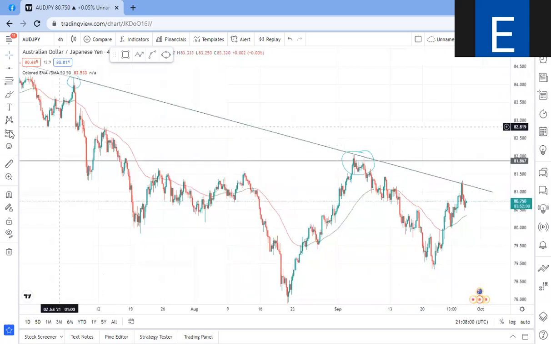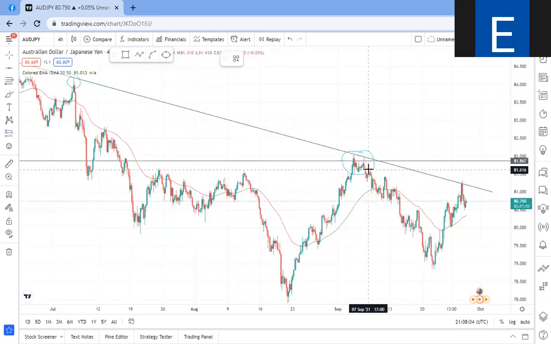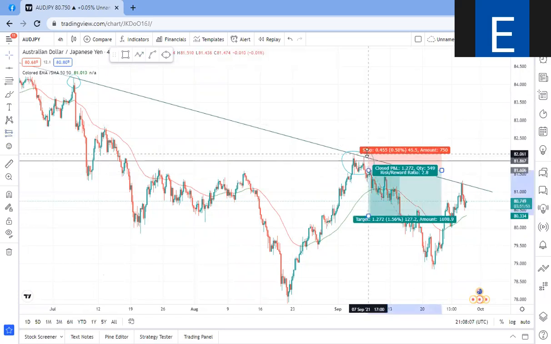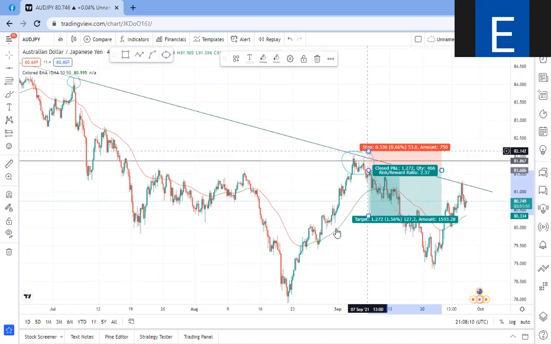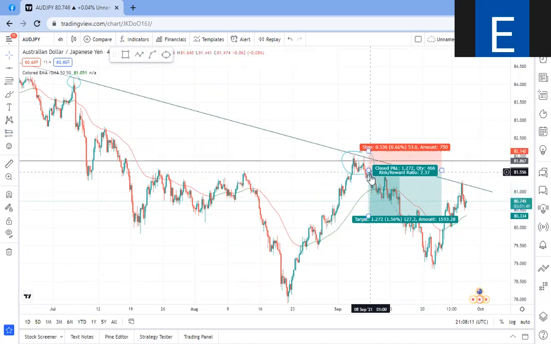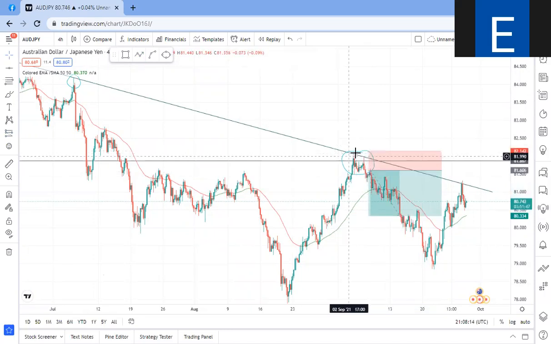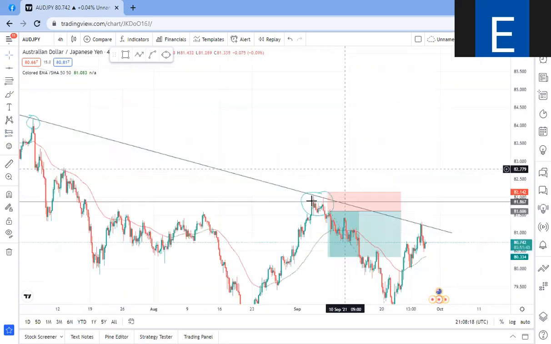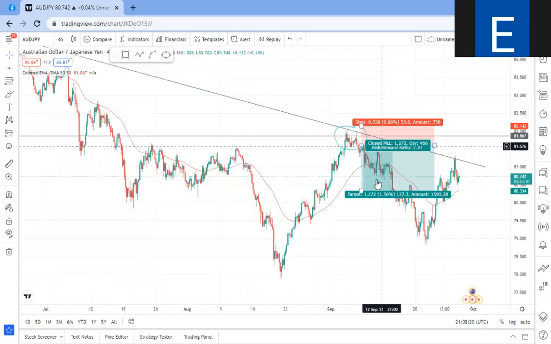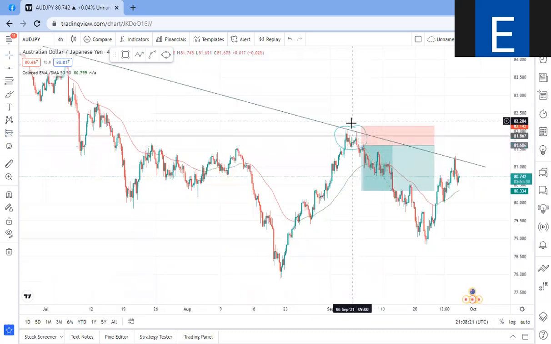Technically, as a swing trader, I was supposed to take my trade something like this. I should put my stop loss above the high, because if price decides to break above this high, it should invalidate my current bias. If price had broken above these highs, that invalidates my bias. But I did not do that.